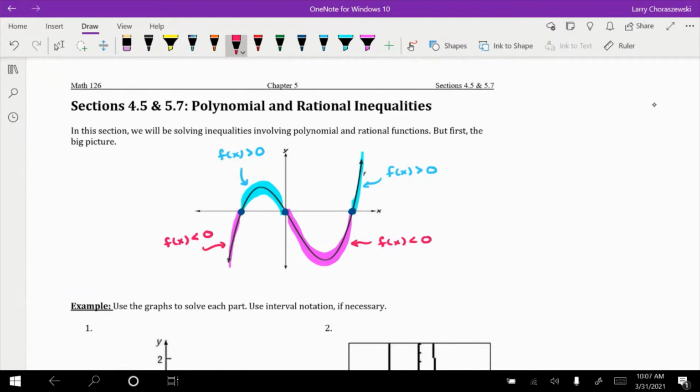With the first part of the graph that's underneath the x-axis, all of these x values going from negative infinity up to that zero would help us solve the inequality f of x is less than 0. All the x values between the last 2 zeros would help us solve the inequality f of x is less than 0 as well.